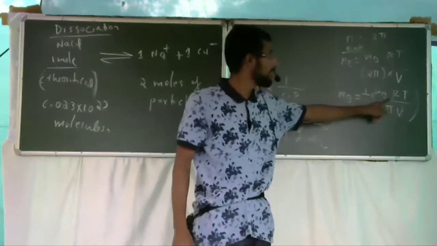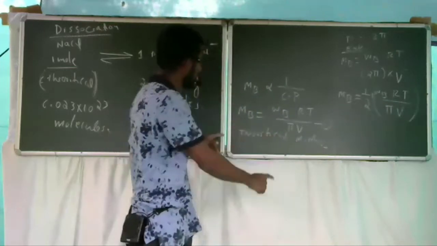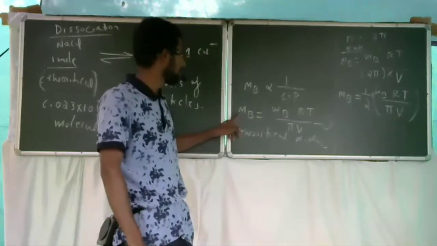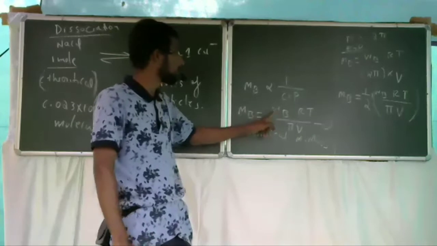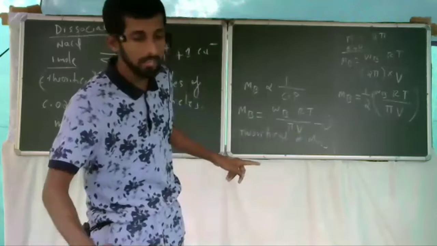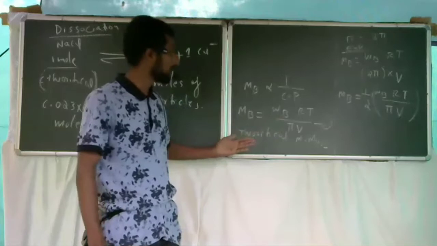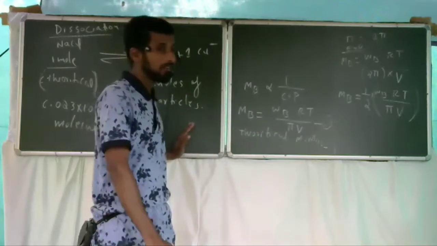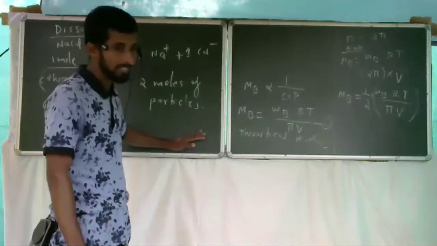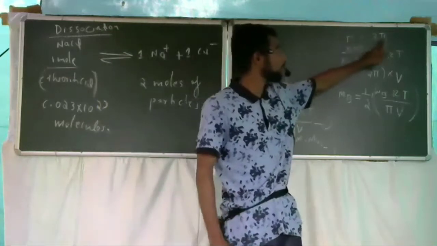WBRT divided by pi V is the theoretically calculated molecular mass. We already have the expression: for osmotic pressure, the relation between Mb and pi is Mb equals WBRT divided by pi into V. This is the theoretically calculated molar mass using the colligative property osmotic pressure. Then we observe that for NaCl, the observed colligative property is twice the theoretical one, so pi becomes 2 pi.